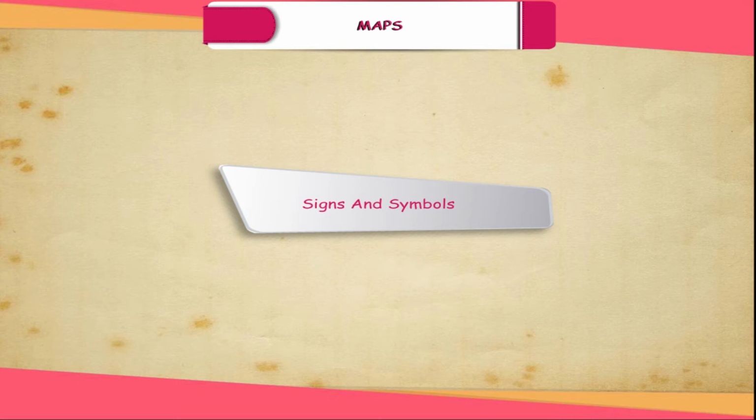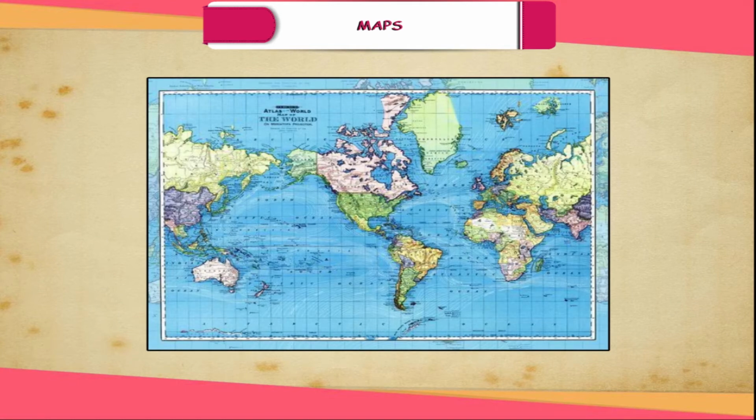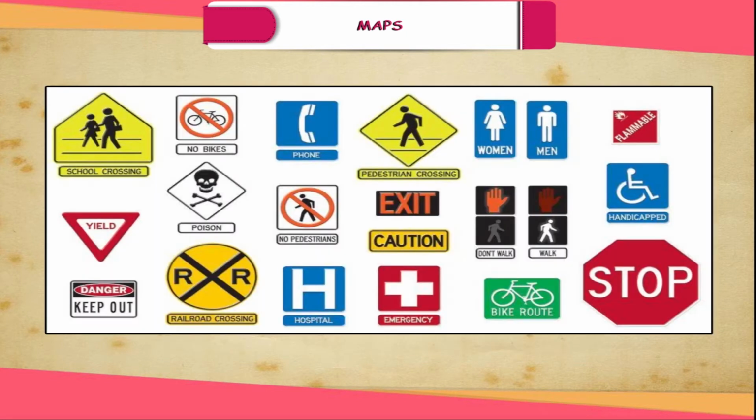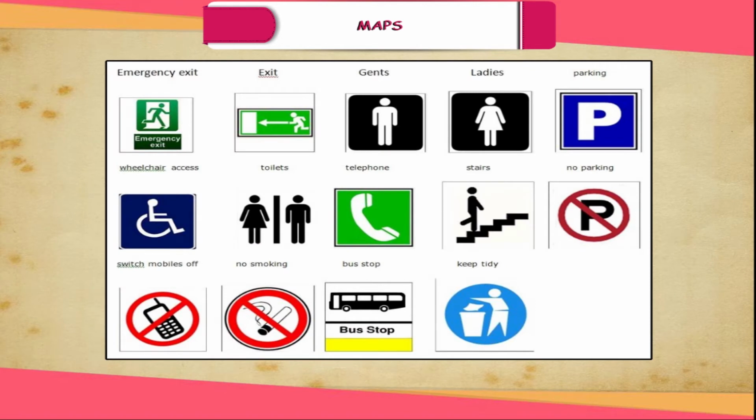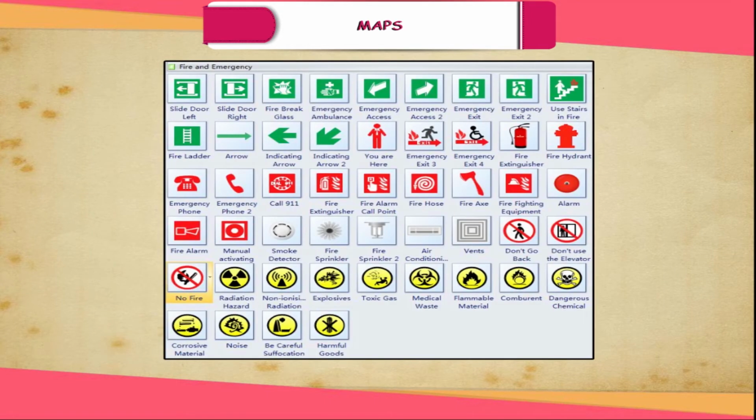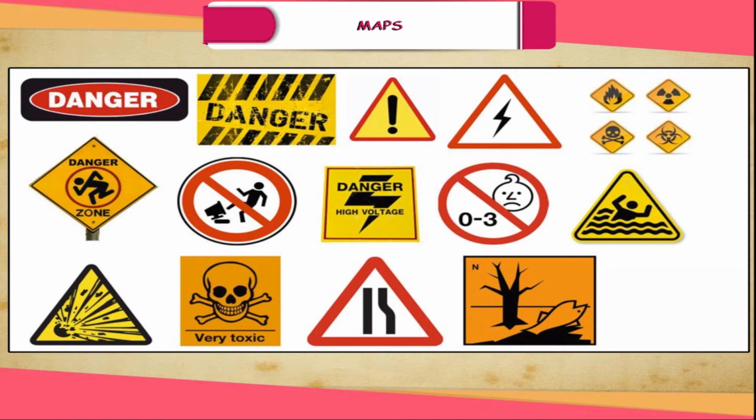Signs and symbols. Whenever tourists visit a place, they usually take the help of a map in order to study the area properly. Maps use a variety of signs and symbols which any traveler from any part of the world can understand. This means that there is an international understanding for using the same symbols to show certain specific features in the same manner.